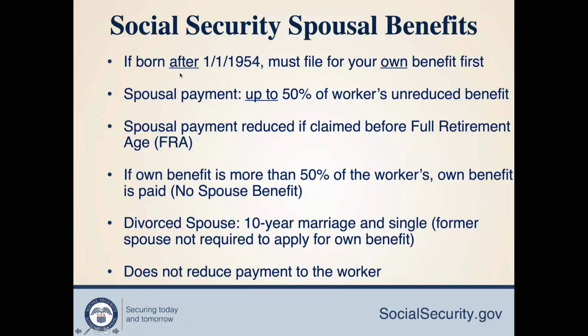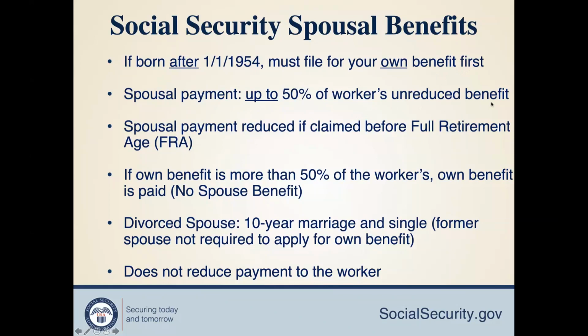I'll assume that most of the spouses are born after 54. That means they have to file for their own benefit first. You cannot just claim that. The spousal payment is up to 50% of the worker's unreduced benefit.